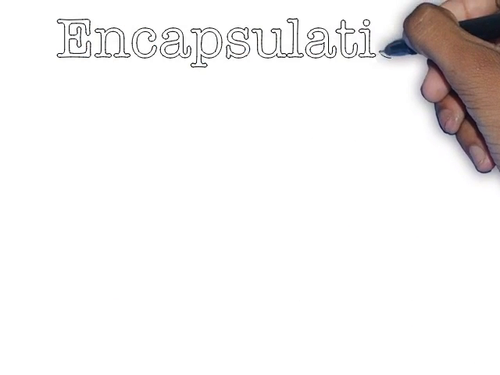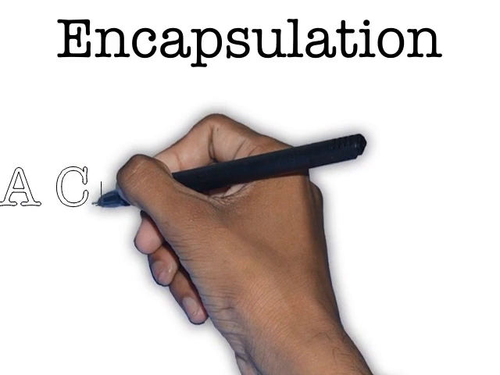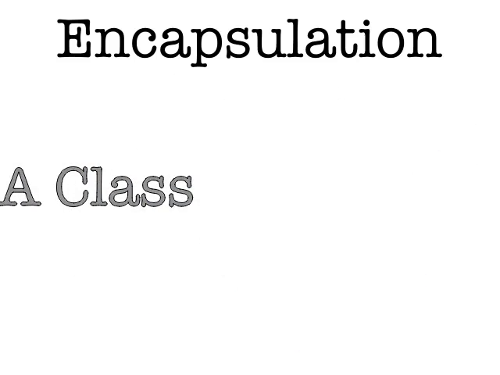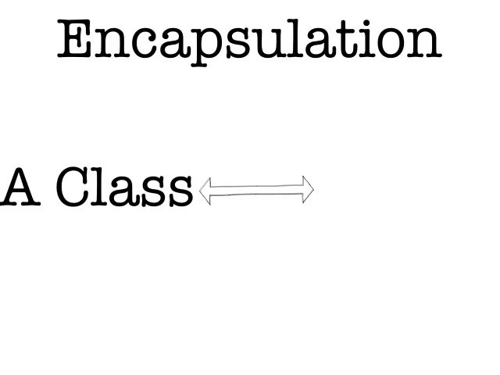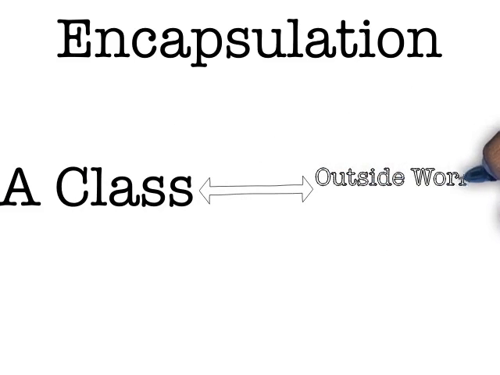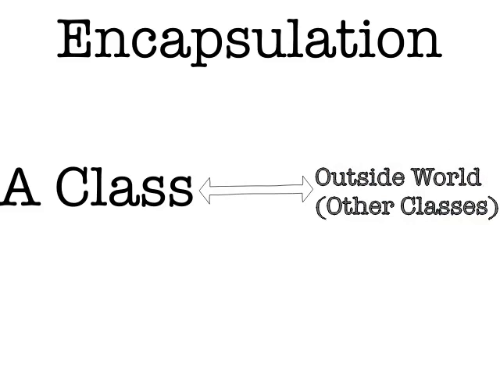Let's move on to the next aspect of object-oriented programming, and that is encapsulation. Broadly speaking, encapsulation refers to the idea that certain attributes can be encapsulated, which means hidden from the outside world. By the outside world, I simply mean other classes. In practice, encapsulation is a means to control access to certain attributes and behavior by hiding them from other classes.